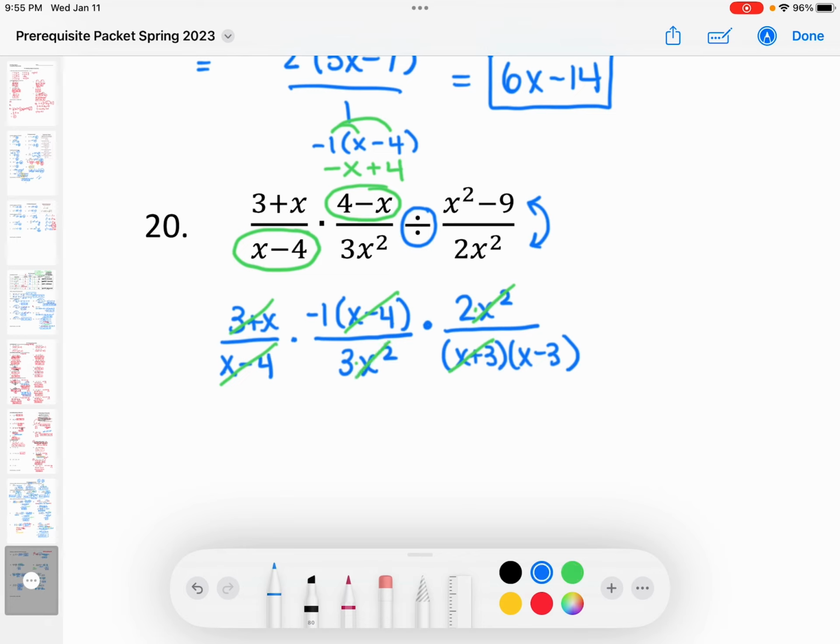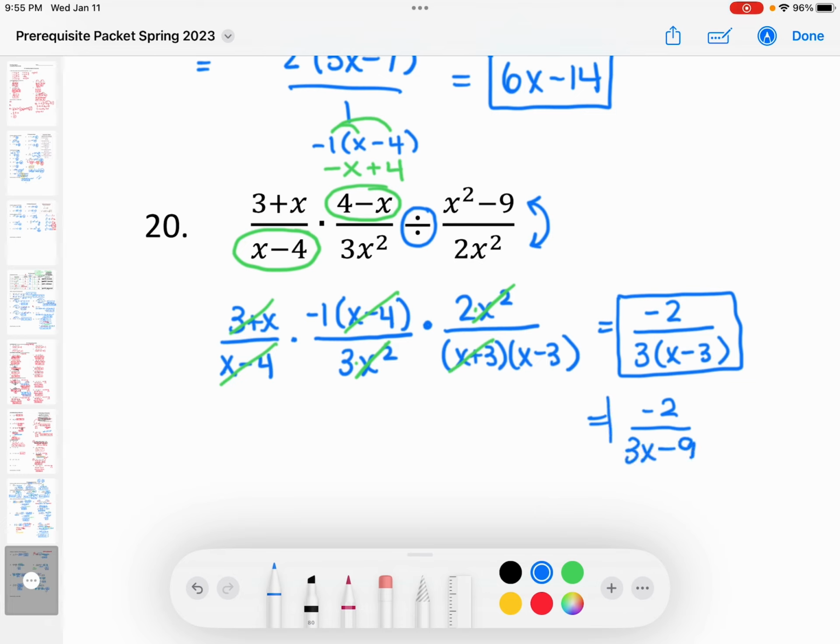I think that might be it. What do we have left on the top? A negative 1 times 2, and on the bottom a 3 times an x minus 3. Feel free to distribute that if you like. Either of those would be just great.